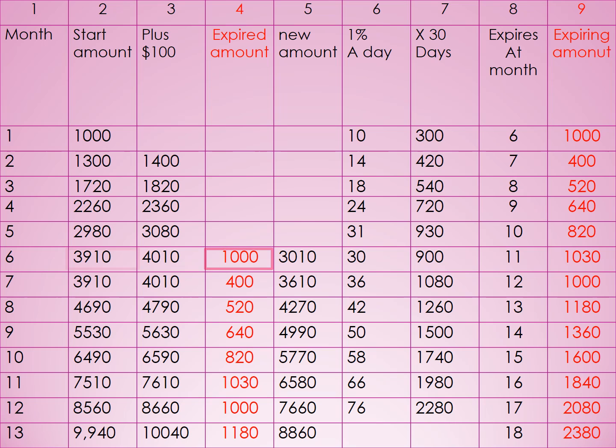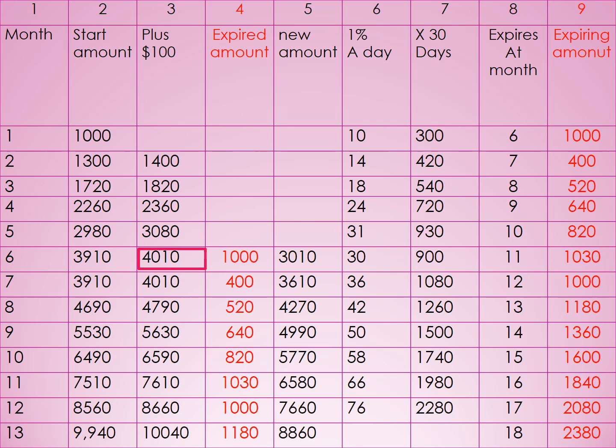Our starting amount for month 6 in column 6, scratch that, row 6, column 2, $3,910. That is our starting amount for month 6. Then let's move over to column 3, row 6, $4,010, because we're going to add our $100 out of pocket.